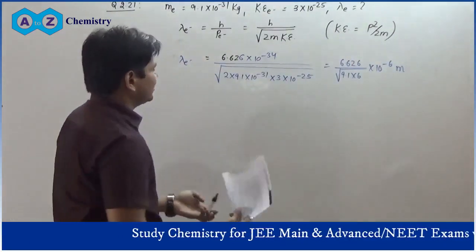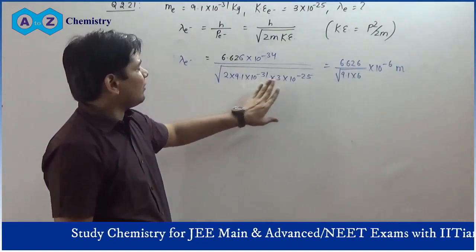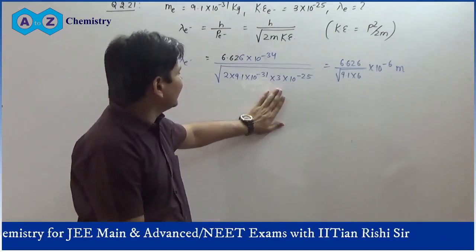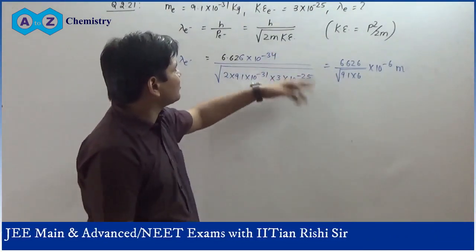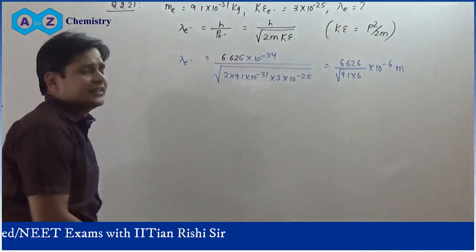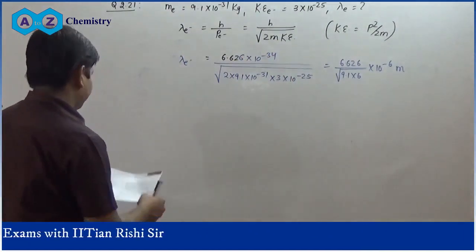This can be calculated easily because it is going to be equal to 25 and 56, and the square root of 56 means 28. So lambda will be equal to 10^-6 meter.